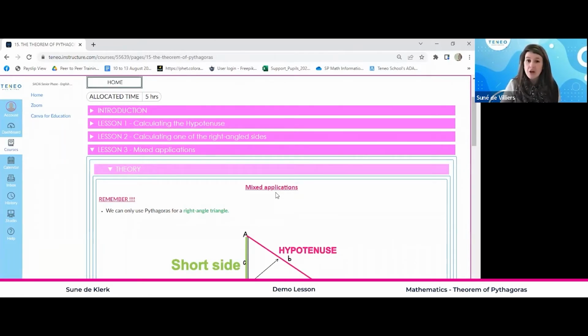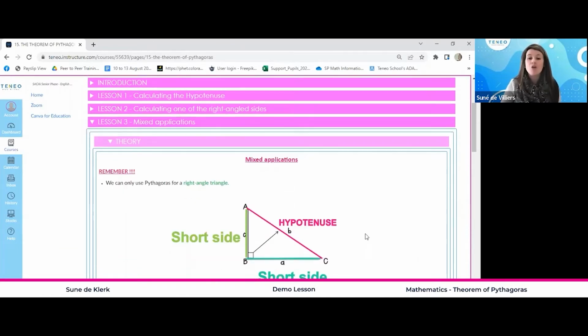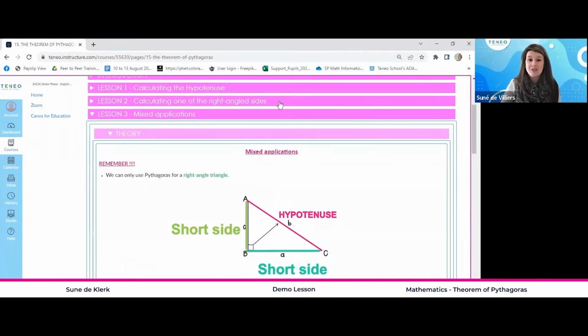Where will we find our hypotenuse? We will find our hypotenuse across our 90-degree angle. So we spot our 90-degree angle there at B. Across that one, we will always find our hypotenuse. In other words, our longest side.